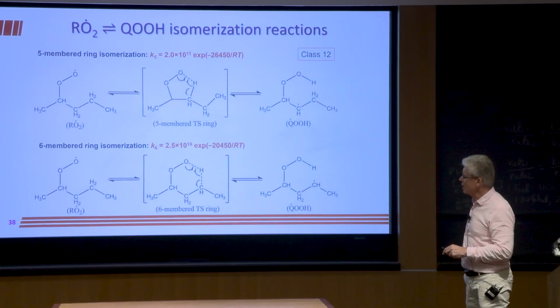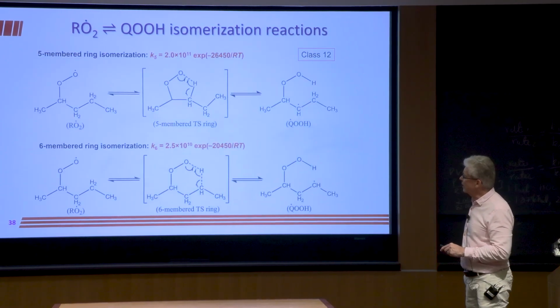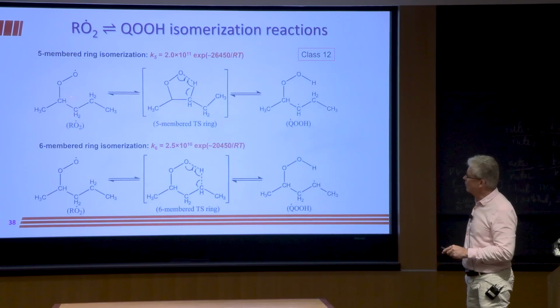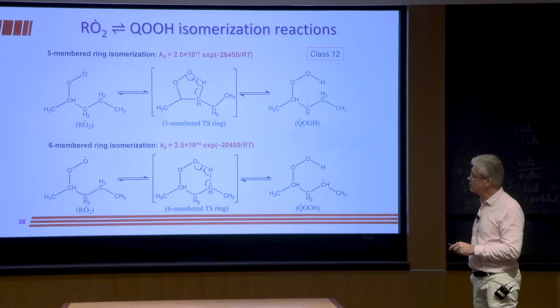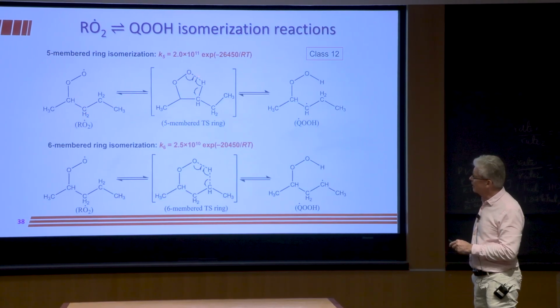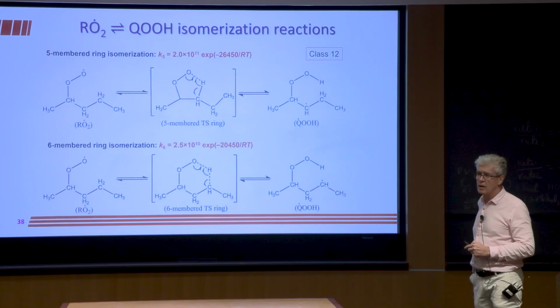Because, and a good rule of thumb is, here you have 1, 2 rotors tied up in the transition state ring, right? So when the hydrogen atom is in this transition state, this rotor and this rotor are tied up, right?